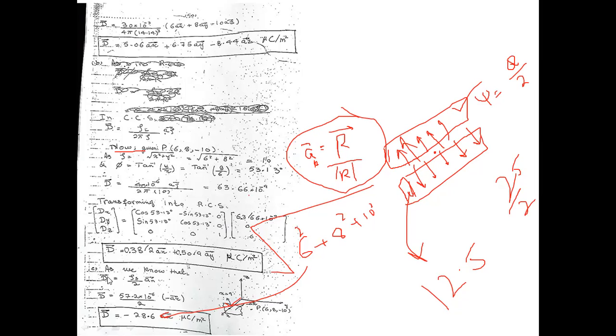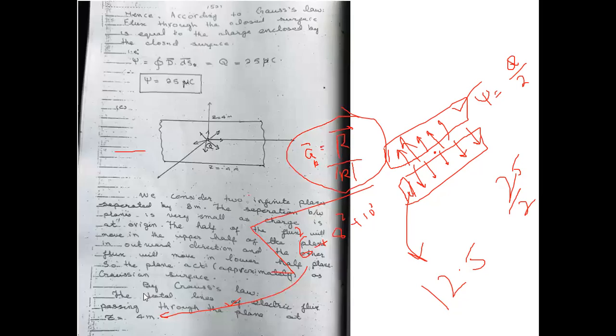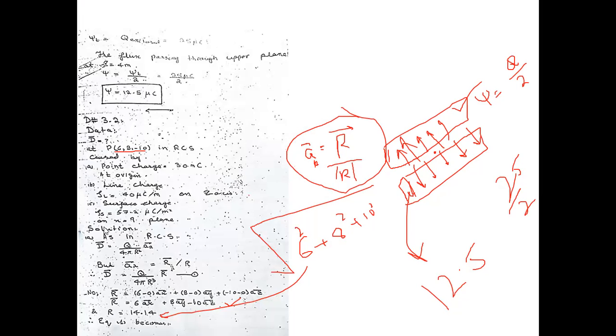Now the third part, rho s. This is a similar example as we have done in the previous one. We have a sheet, so we will get half of the flux from that surface. So we will get D is equal to rho s divided by 2. Rho s is 57.2, divided by 2.